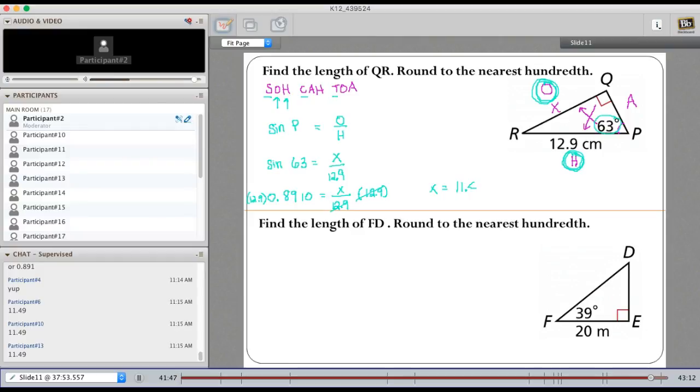Okay, perfect. And yes, at this point, this is our final answer. This is x. Now we can round to the nearest hundredth, which is 2 decimal places. Good. And we should put units. It's a side length and it gives us units of centimeters, so we should put that in our final answer. Okay?